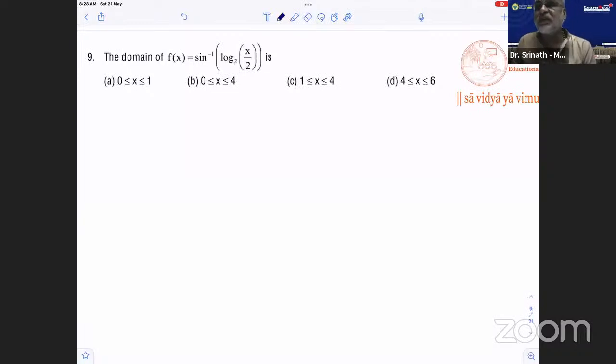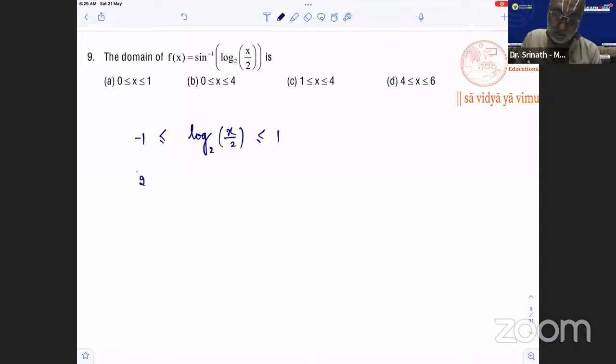Sine inverse x: x must lie between -1 and +1. So here log of x by 2 to base 2 should lie between -1 and +1.